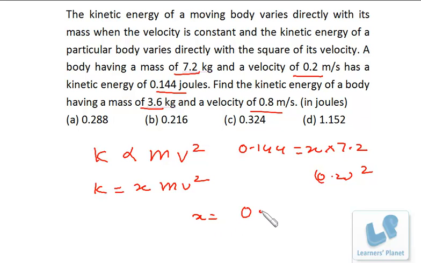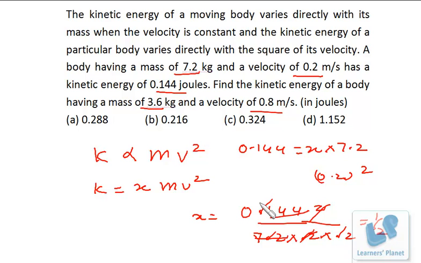It's 0.144 by 7.2 into 0.2 into 0.2, so x is equal to 1 by 2. So we got this constant, that is K is equal to half mv square.